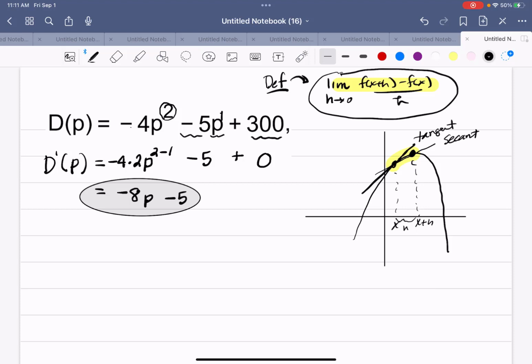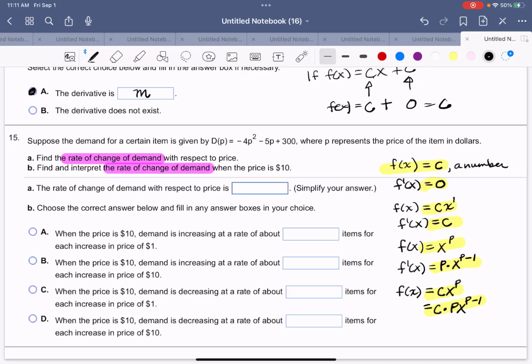Now we have a formula for the rate of change. This is instantaneous rate of change, but now we just call it the rate of change, and we know that that means instantaneous. And so we can answer the questions that they ask us by using this formula. So we got our rate of change, negative 8p minus 5.